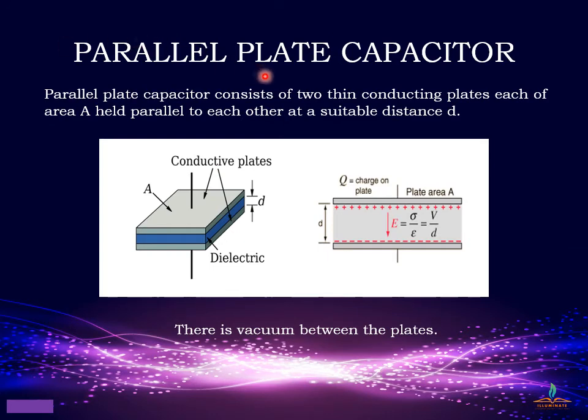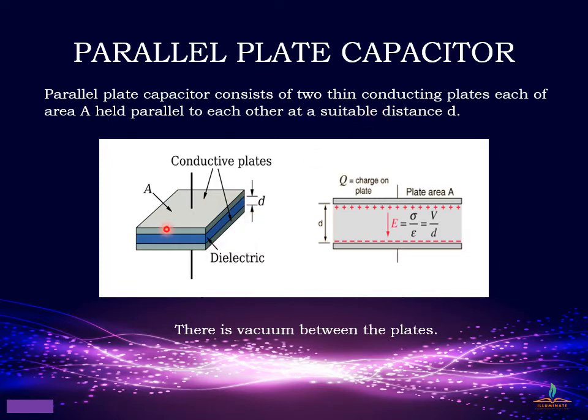You have to understand another type of capacitor which is known as the parallel plate capacitor. As the name suggests, it has two thin conducting parallel plates of a particular area A held parallel to each other at a suitable distance.